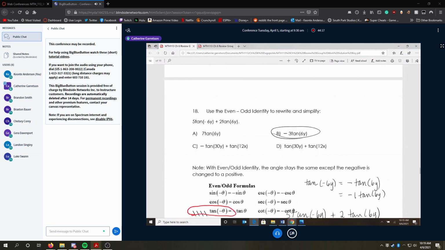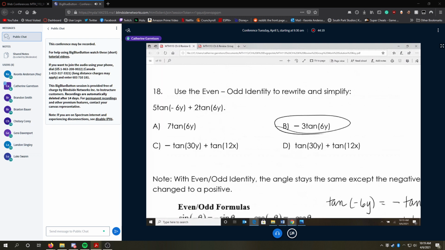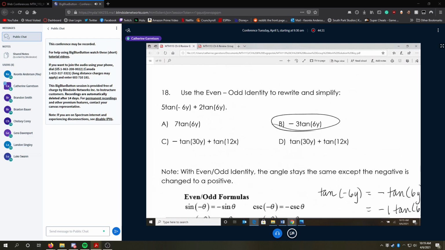Use the even odd identity to rewrite and simplify. So I don't want to have a negative angle. So any place I have a negative angle, I'm going to change to a positive angle. But the question is, do I leave the number in front the same, or do I multiply by a -1?